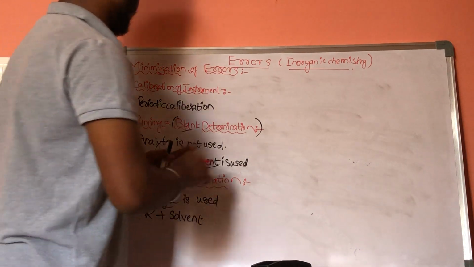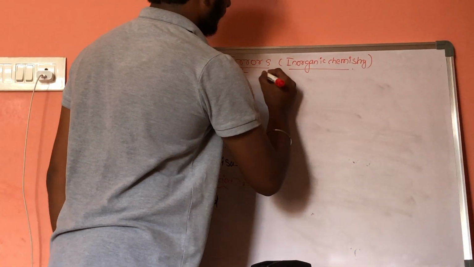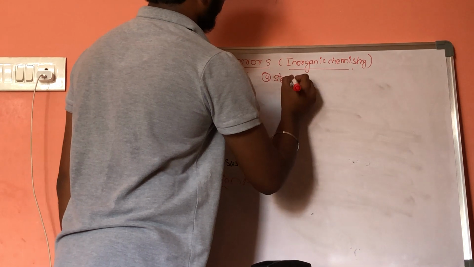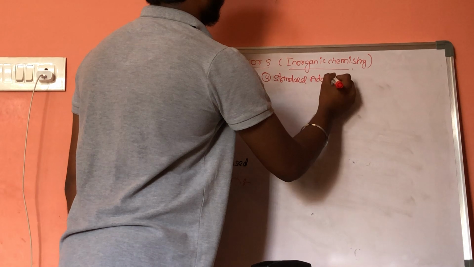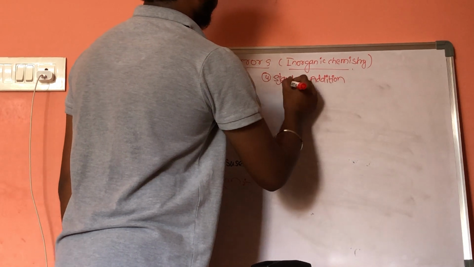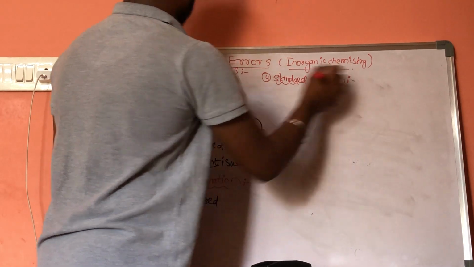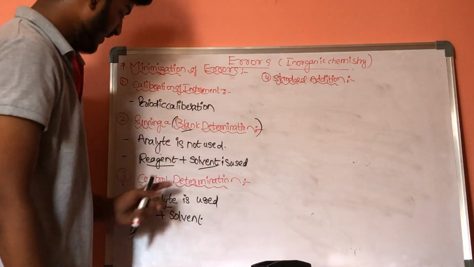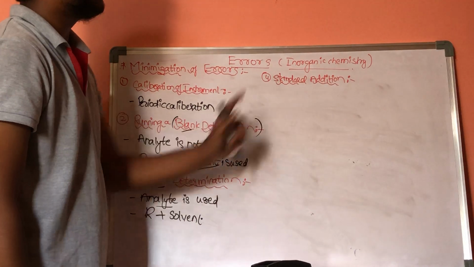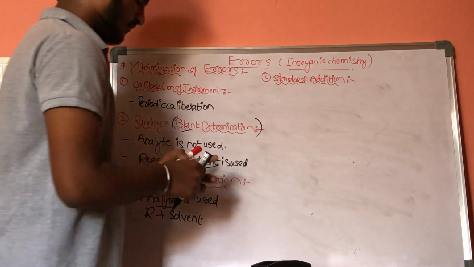Next, fourth one is standard addition. First one is calibration of instrument, second one is running a blank determination, third one is control determination, and fourth one is standard addition.